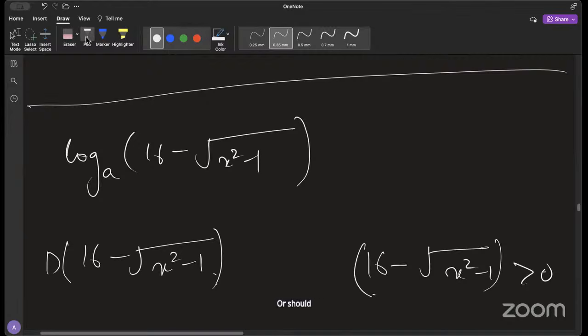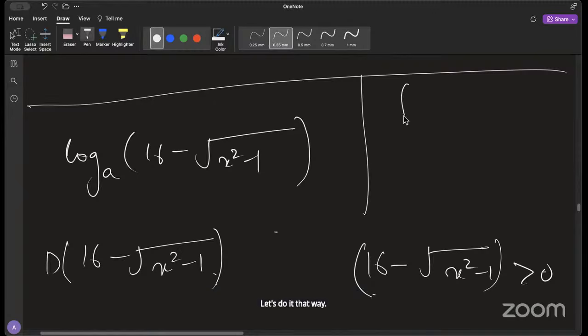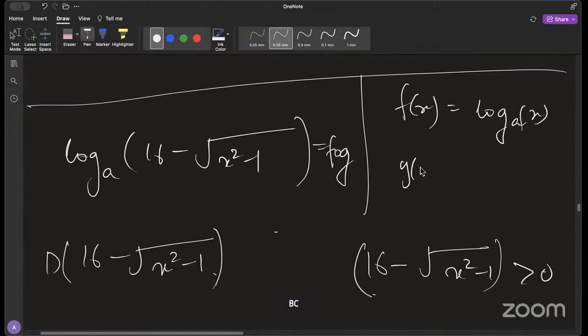Or should I do it with the usual definition approach of D of FOG? Let's do it that way. If this function is FOG, then your f(x) is log base a of x. Your g(x) is 16 minus square root of x square minus 1.